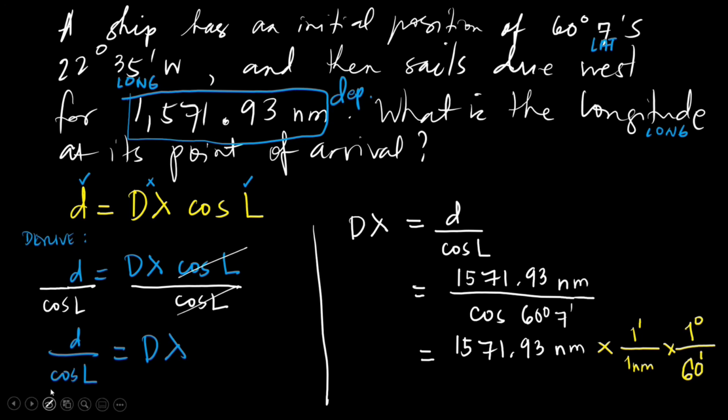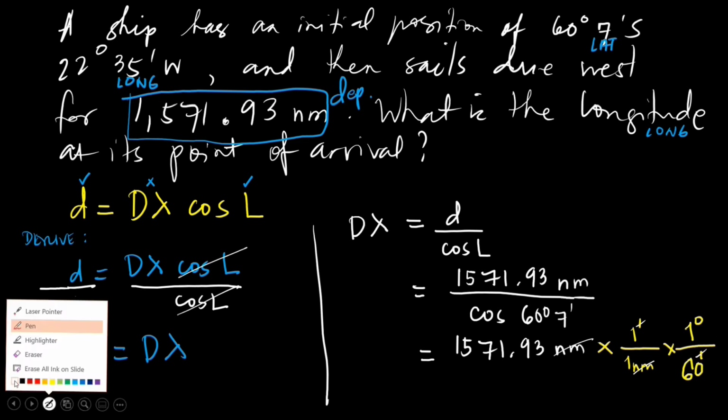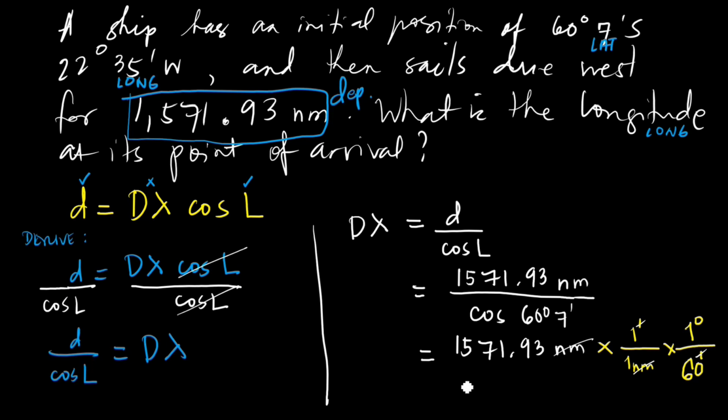Okay, then we can try to cancel the units here. So what will be left is degree. Then you can just input it directly in your calculator, then divide by cosine of 60 degrees and 7 minutes.